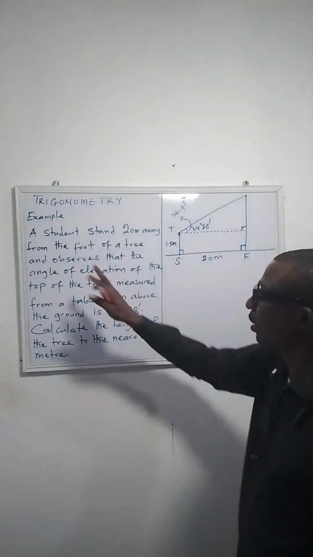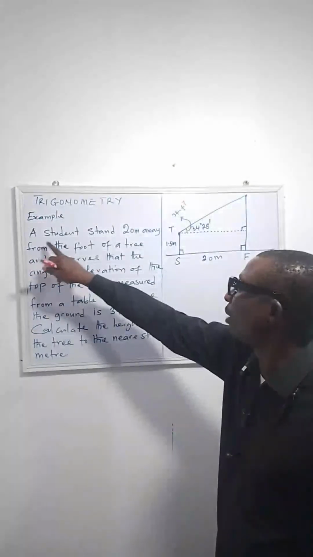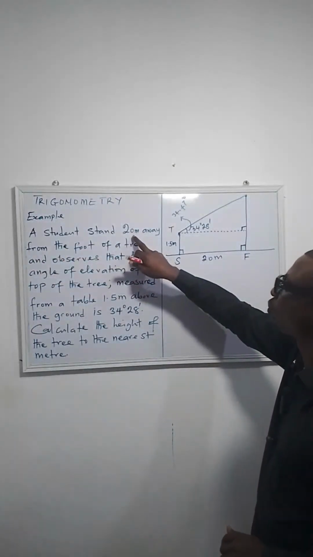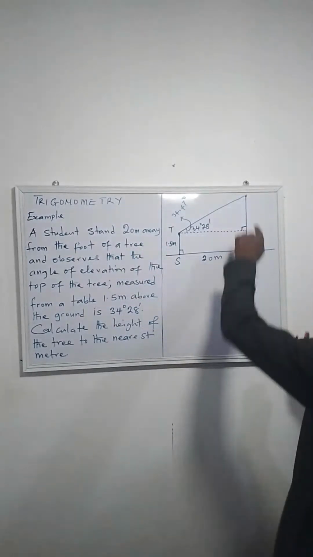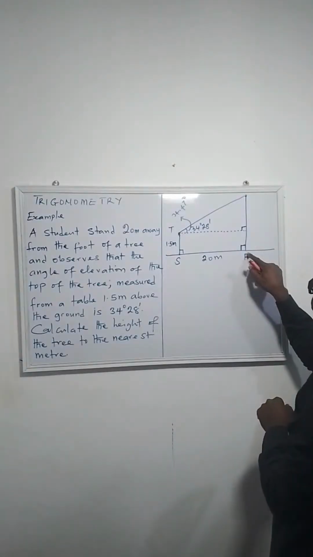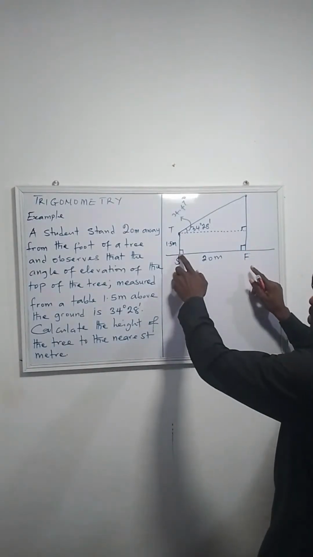Now let's come back to what we have here. I'm taking it all over again. A student stands 20 meters away from the foot of a tree. This is the tree, this is the foot of the tree, and the student is here.